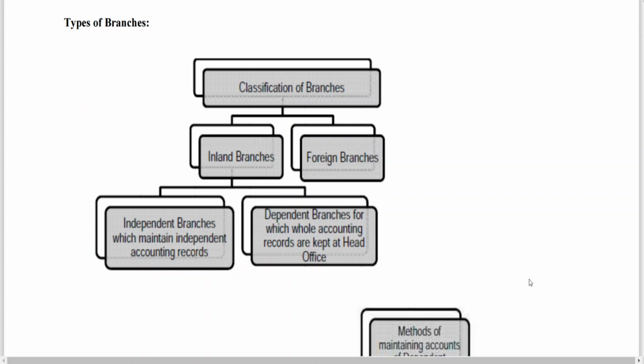The branch account debit balance in the books of head office is nothing but the head office account credit balance in the books of branch. Whatever amount is due to head office must be equal to whatever amount is due from branch.